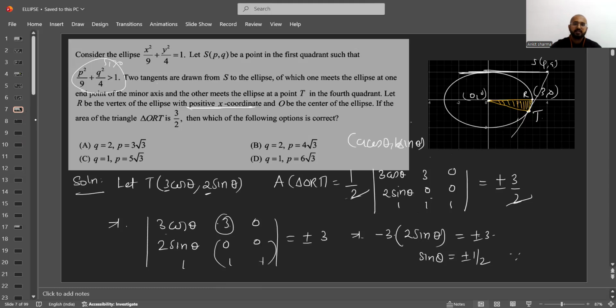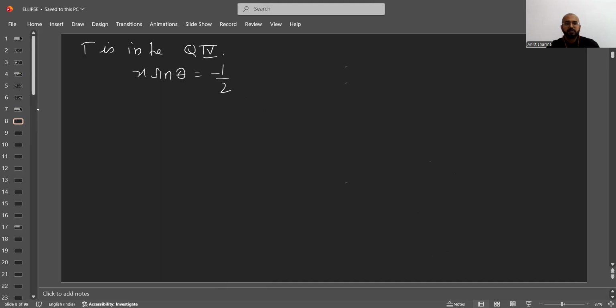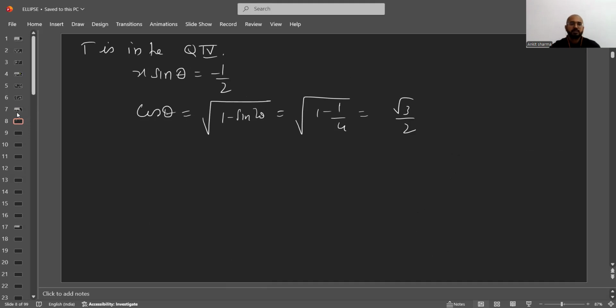So once I have my sine theta, cos theta is positive here. So we need to find out cos theta. So cos theta would be square root of 1 minus sine square theta. This turns out to be 1 minus 1 over 4, which is root 3 over 2. So we get cos theta.